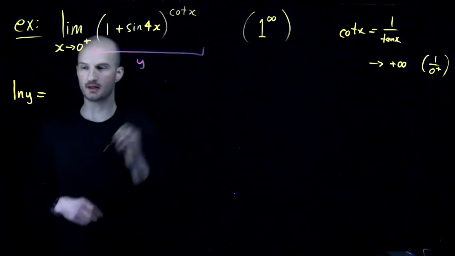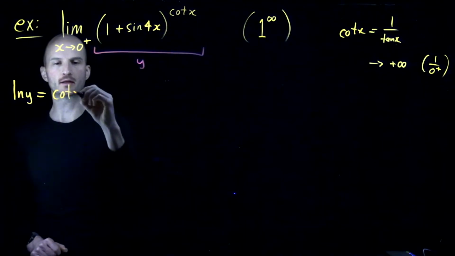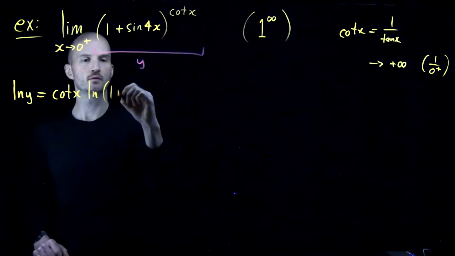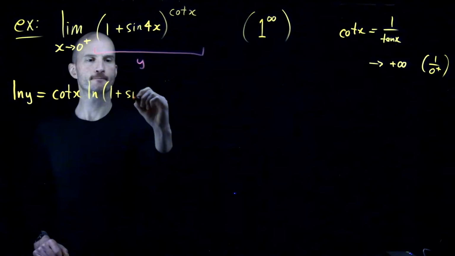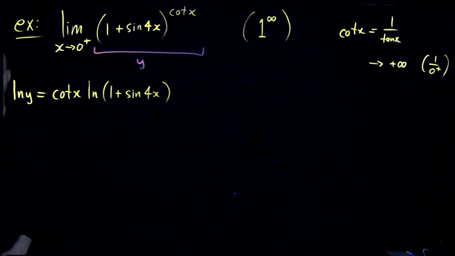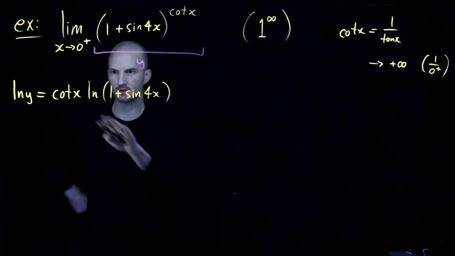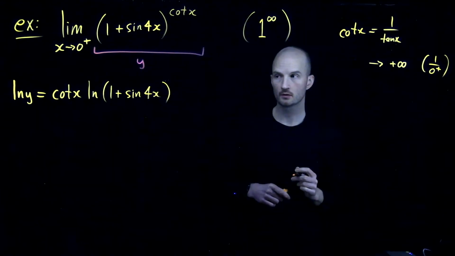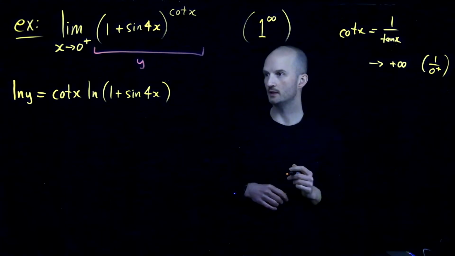So the cotangent can descend. Cotangent descends, and I have ln of just the base here. So we had the cotangent as an exponent on 1 plus sine 4x, but it can descend.